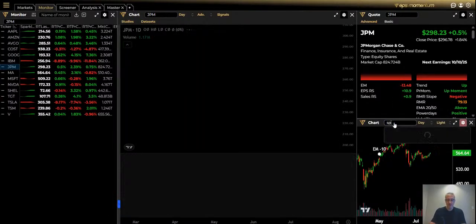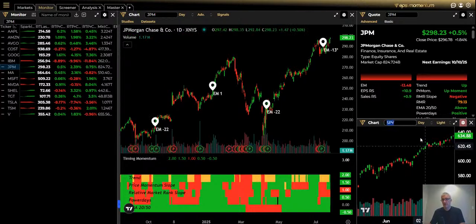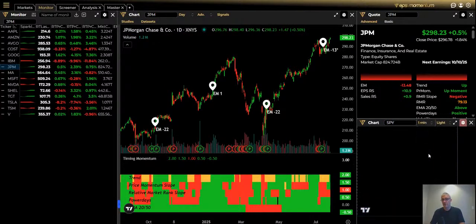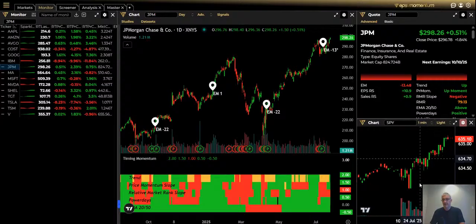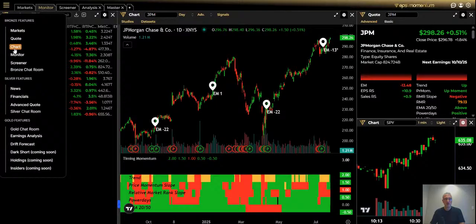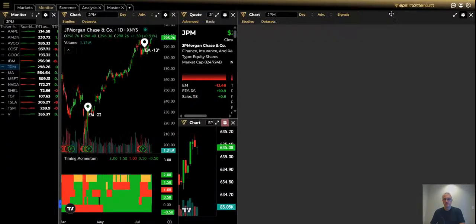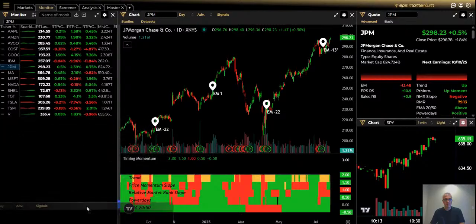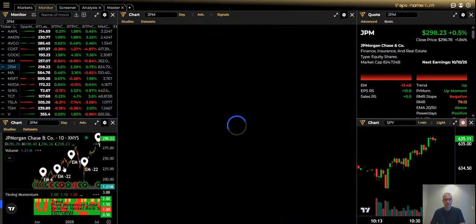So I can type the S&P in there and monitor the S&P here during the day or end of day, and still look at my stock. So I can build my entire screen like this and insert another chart very easily. Let's say I want to put it here at the bottom. There you go.